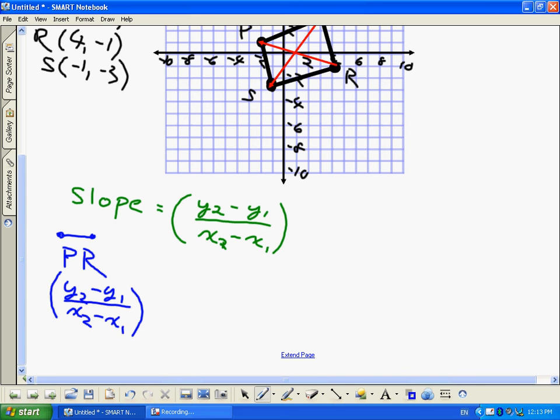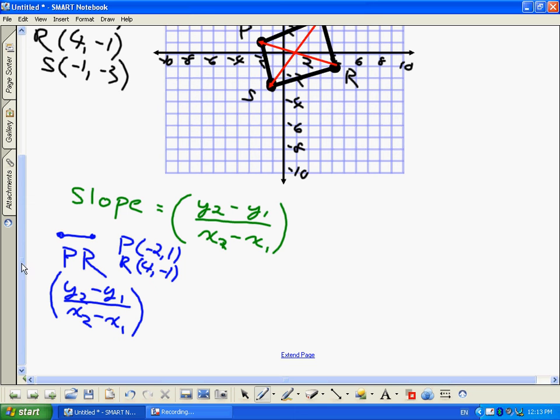And the points for PR, just so we have an idea, P is at -2 and 1, and R is at 4, -1. Okay? So that's line PR.